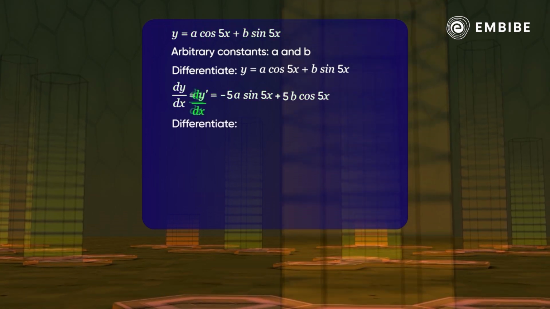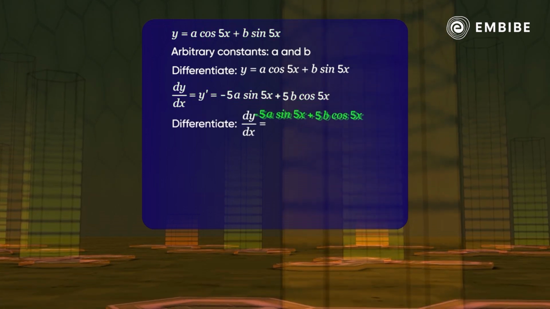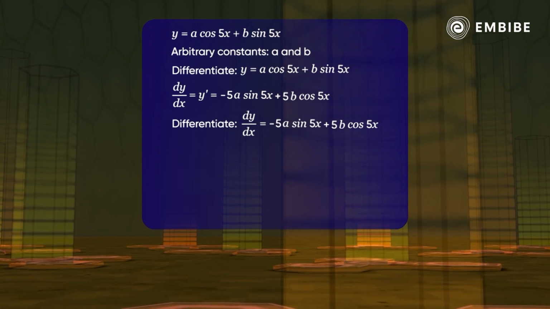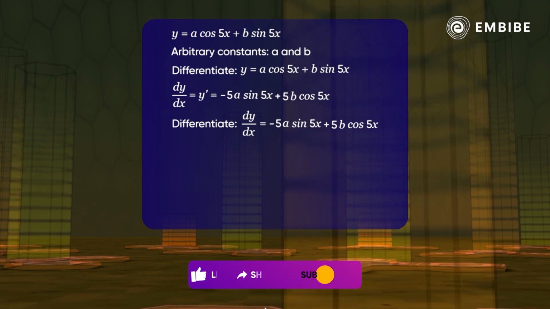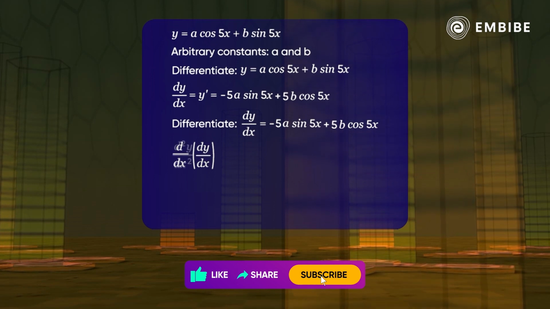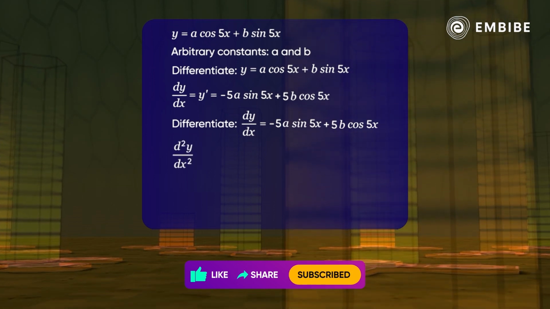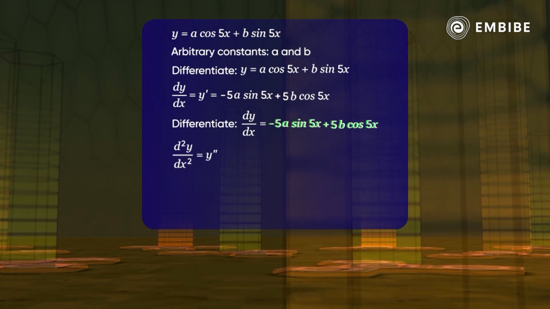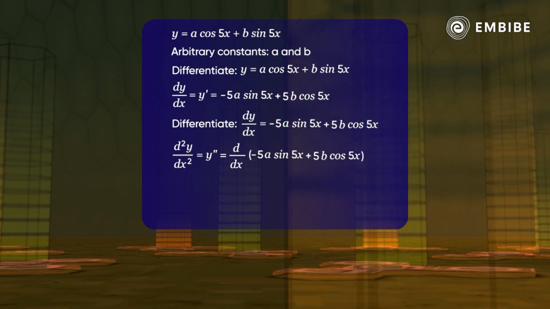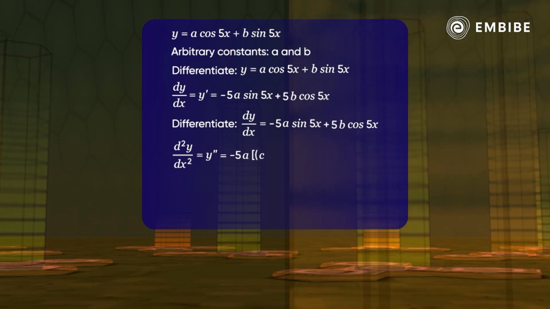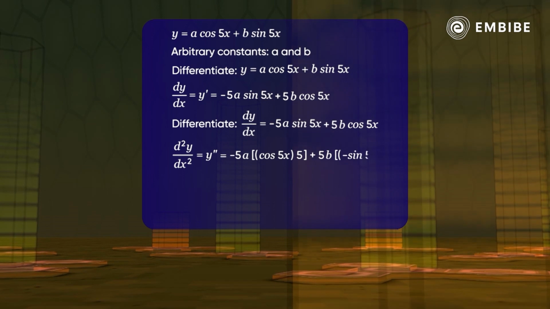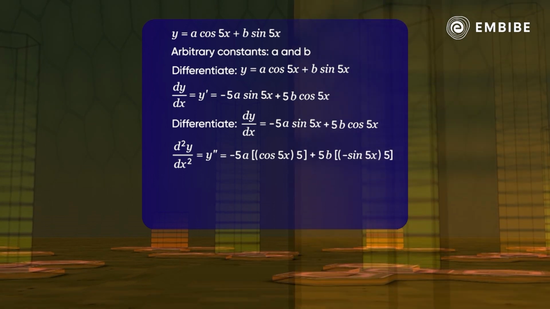The left-hand side of the equation becomes the derivative of the first order derivative, that is d2y by dx squared or y double dash. Now let's differentiate the right-hand side. Using the same rules of differentiation, we can find the derivative of minus 5a sin 5x plus 5b cos 5x as minus 5a times cos 5x times 5 plus 5b times minus sin 5x times 5.